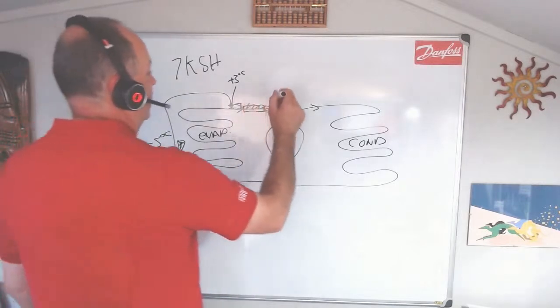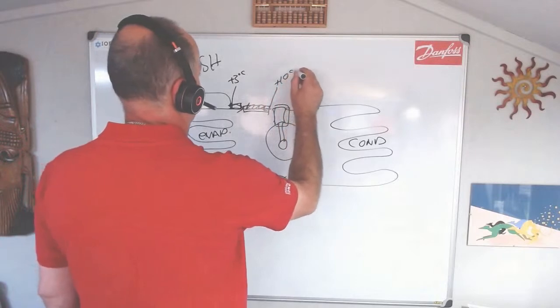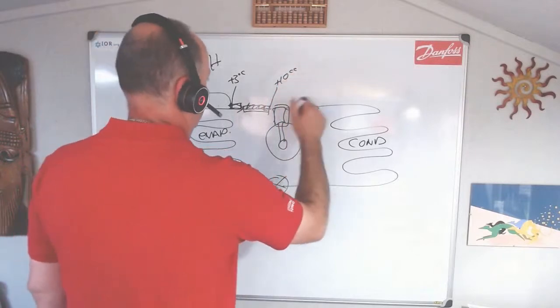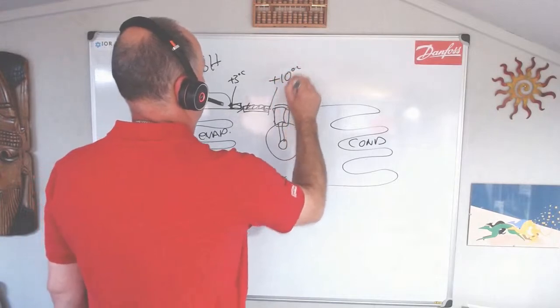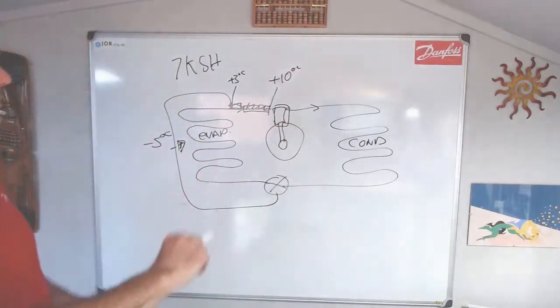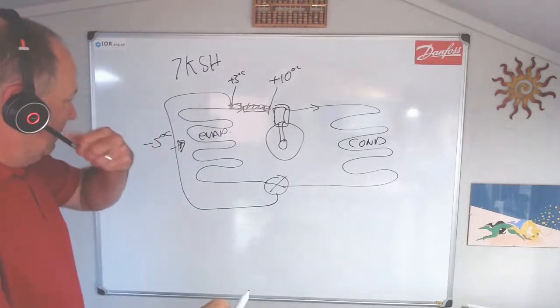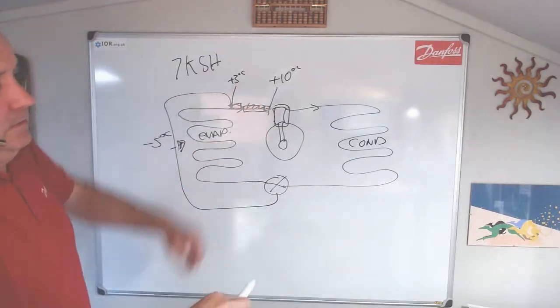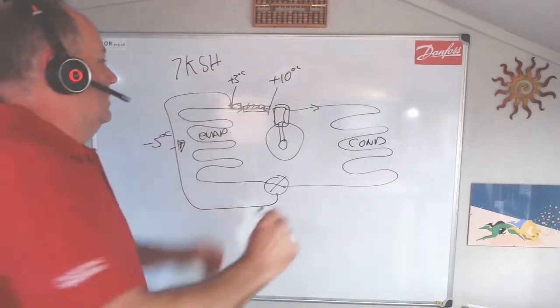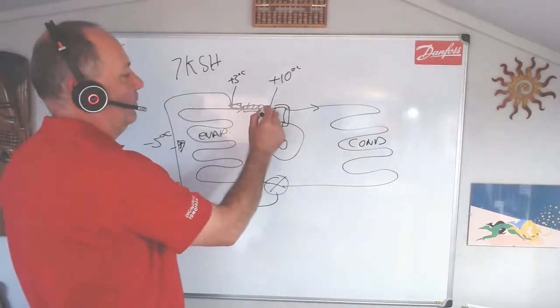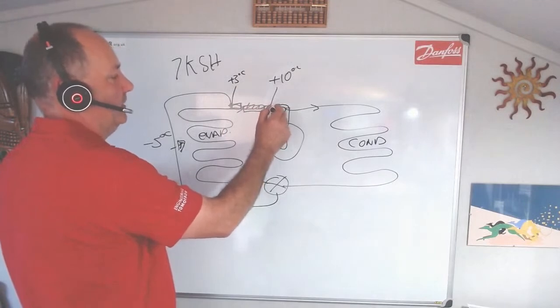So we might be at +10. So we've got 7K suction superheat. We're picking up a little bit of heat in here, and we're going to make sure that coming back to the machine, it's vapor.